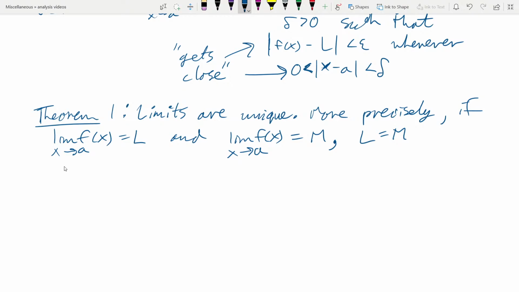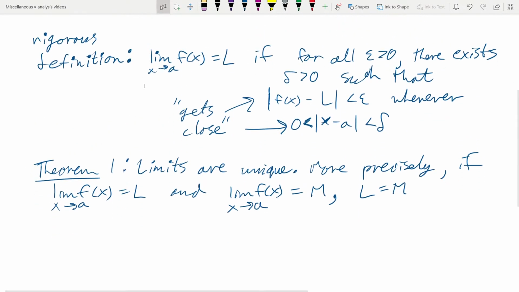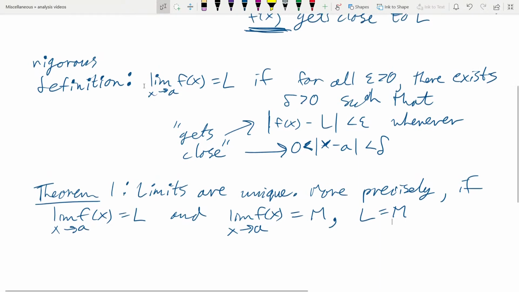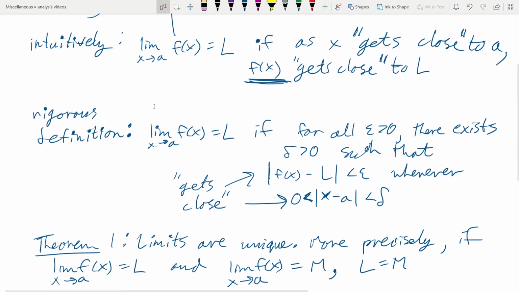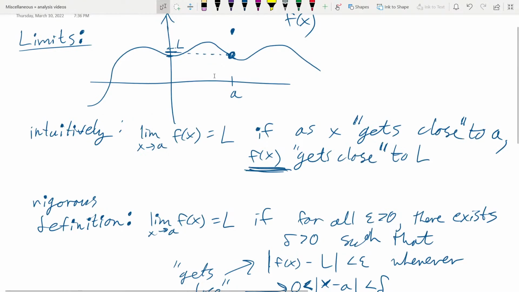This seems so obvious as not even to deserve mention, but we do actually need to show it because the intuitive idea of limit has been replaced by a rigorous definition. Even if intuitively it feels like a function, if it's getting really close to something as x approaches a, it can't be getting close to something else. That makes perfect sense.